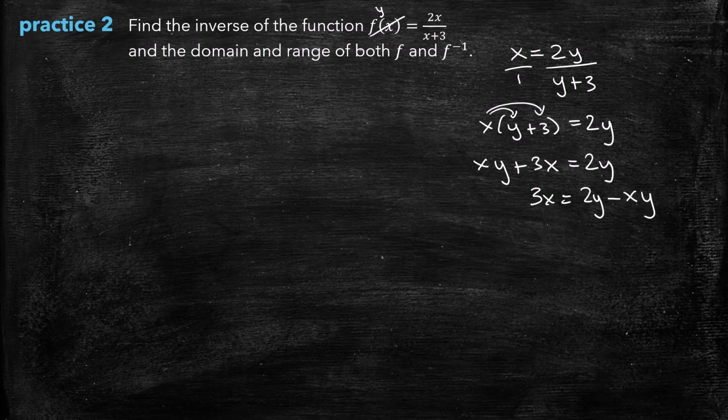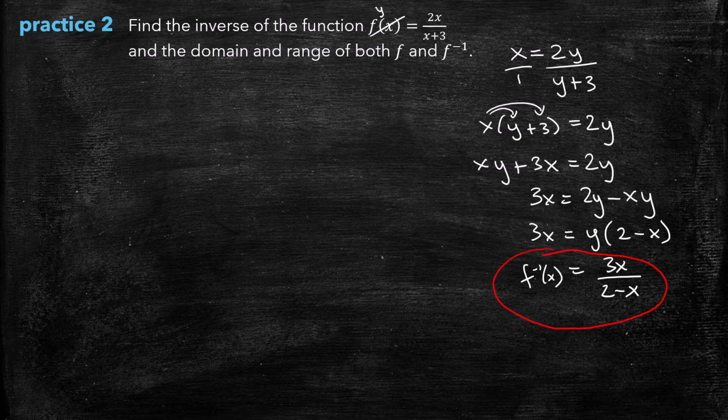Now, there's only one way to isolate y in this case, and it's to realize that you can actually just factor it out. So if I factor y out of the parentheses, I'm left with 2 minus x. Rearranging, I get y equals 3x over 2 minus x. And of course, I can go in and replace that with the inverse function notation. So that is our inverse function.